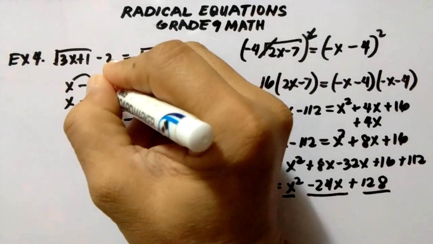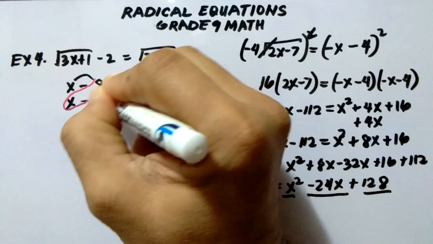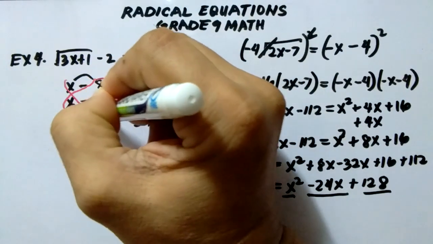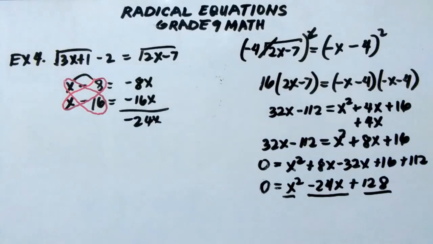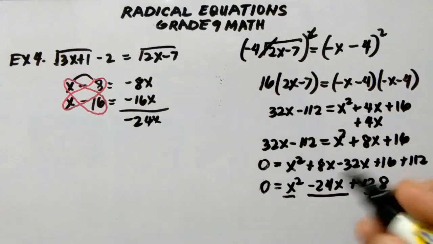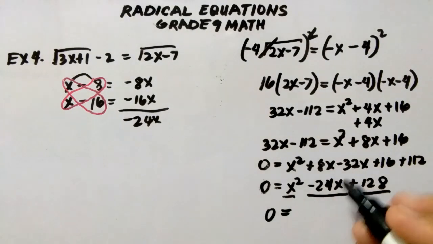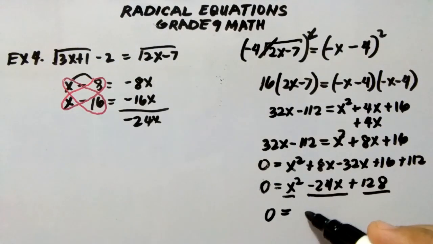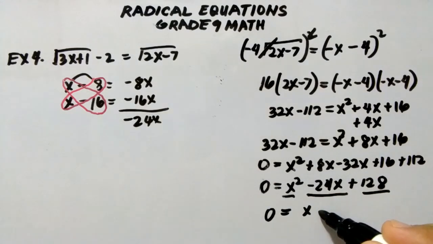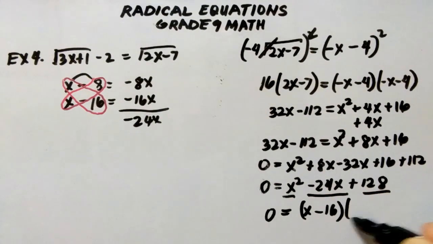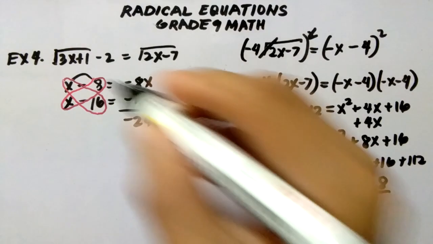Okay. So, ito po, we have x minus 8 and x minus 16. So, 0 is equals to x minus 16 times the quantity x minus 8.